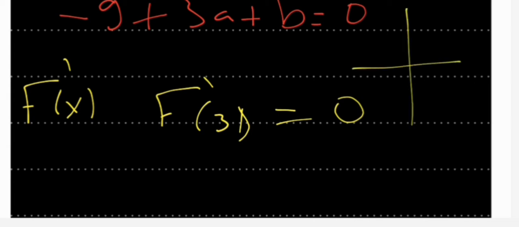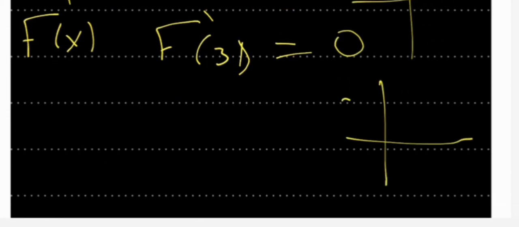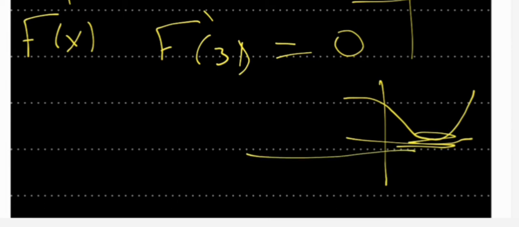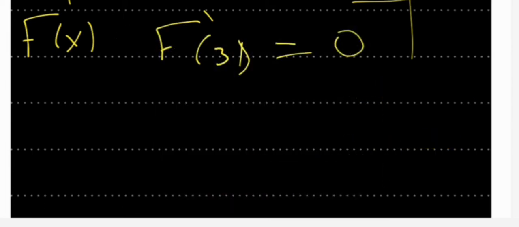Because the derivative gives you the slope of the function, and it is tangent. Notice, you can't have anything tangent over here without the slope being 0, okay? Because this is the x-axis. It is tangent to the x-axis, so the slope of this function must be 0. So let's differentiate f of x.